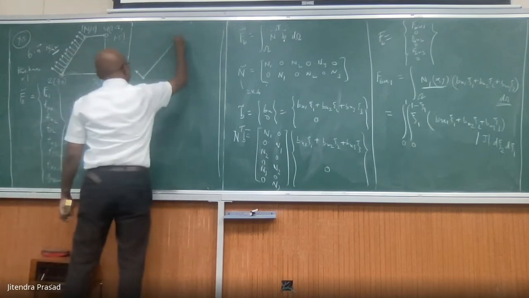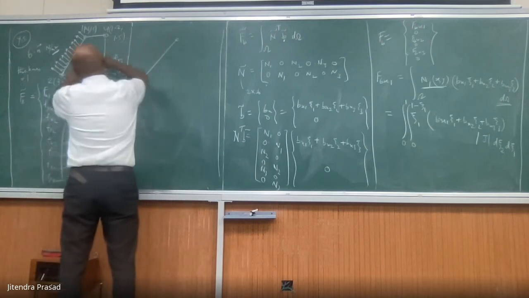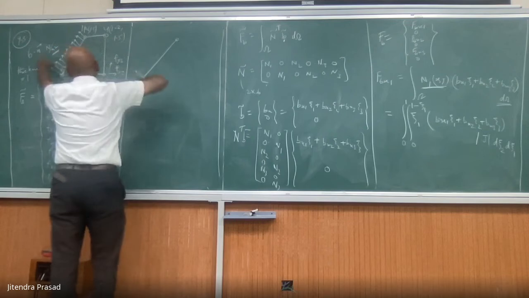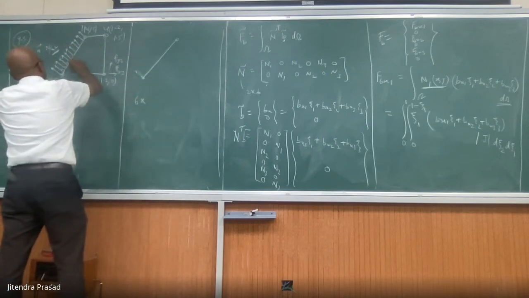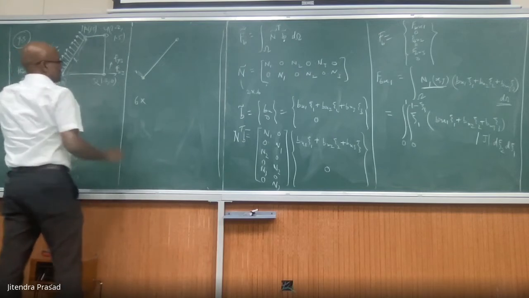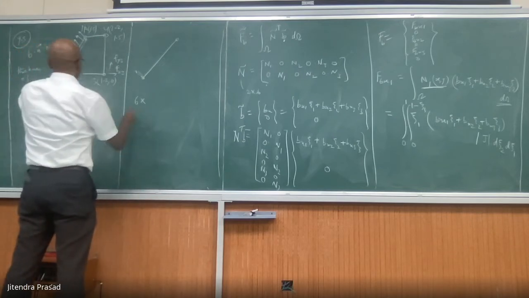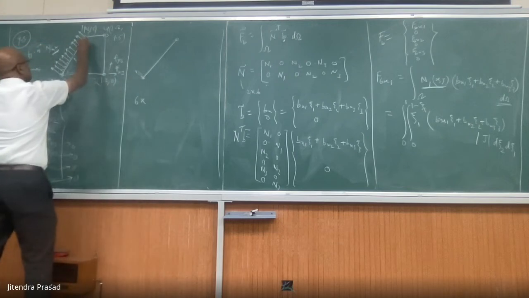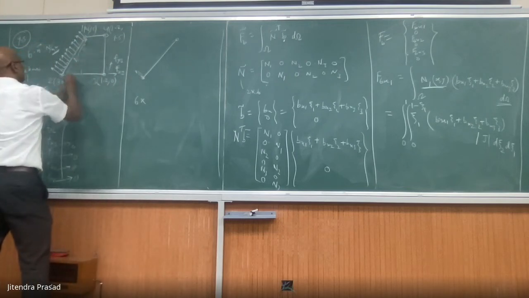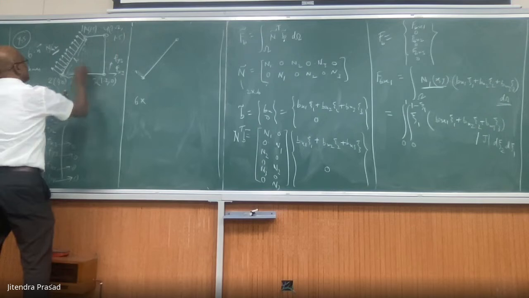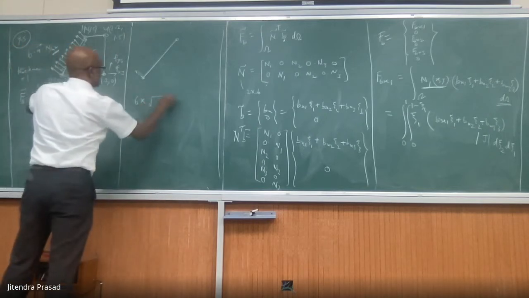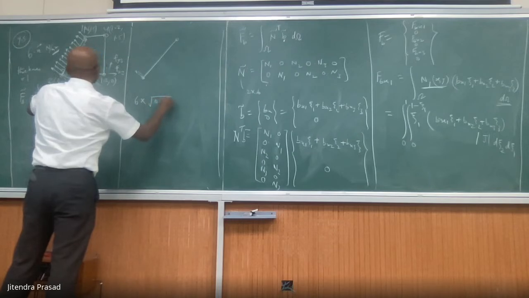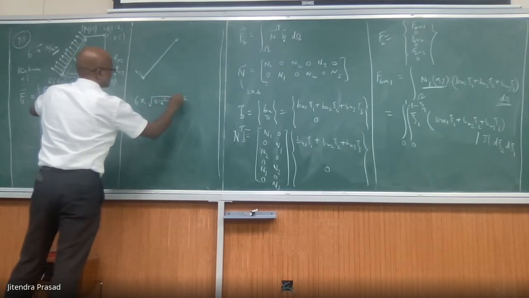If you have this 6 dot n, then 6 multiplied by the length. L you can find out from here to here: 0.6 and 1.5, so L is the square root of 0.6 squared plus 1.5 squared.